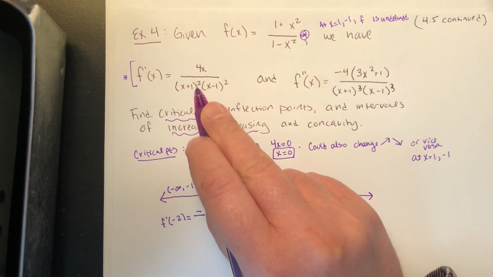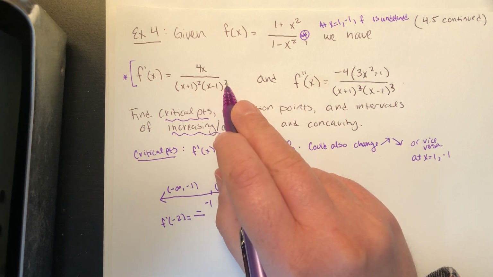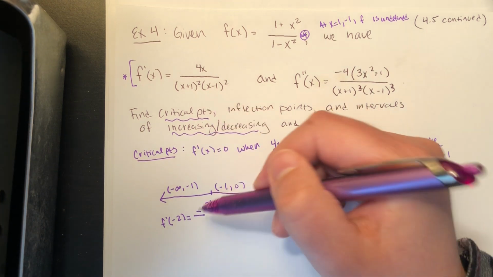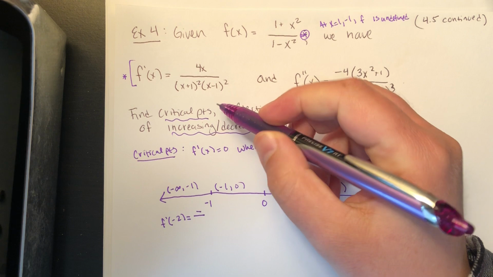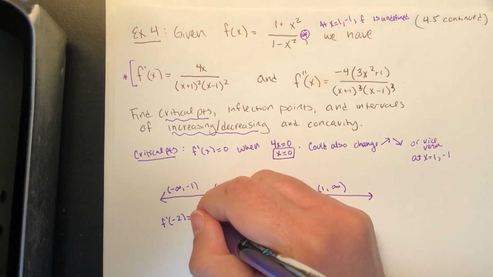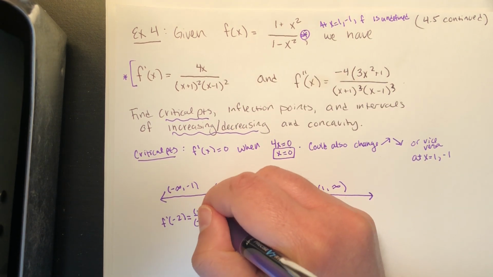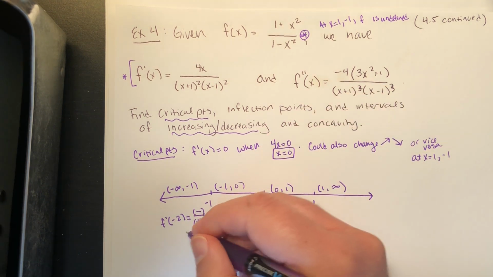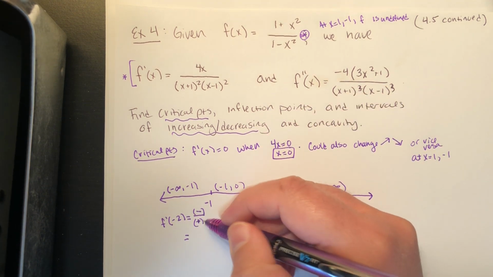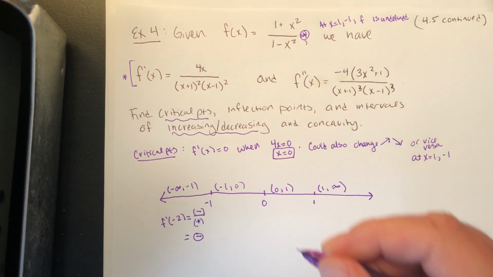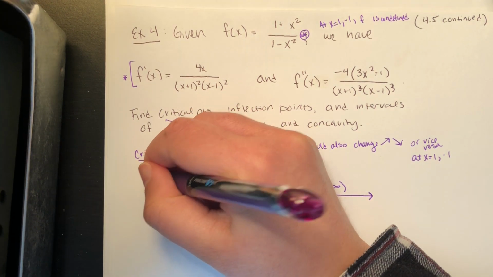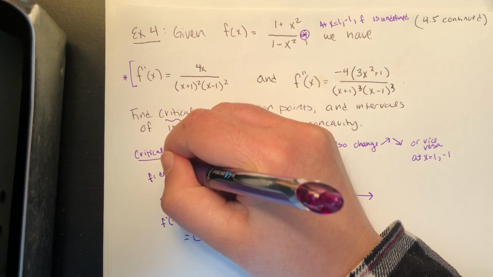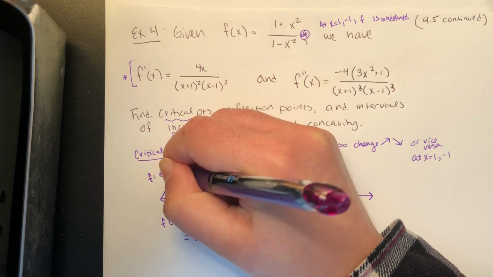Well, anything squared is positive, as long as it's not 0, which it won't be on these intervals. And so the denominator is just always going to be positive for this first derivative function. All right, so a negative divided by a positive is negative, and that tells us that f is going to be decreasing on the first interval.